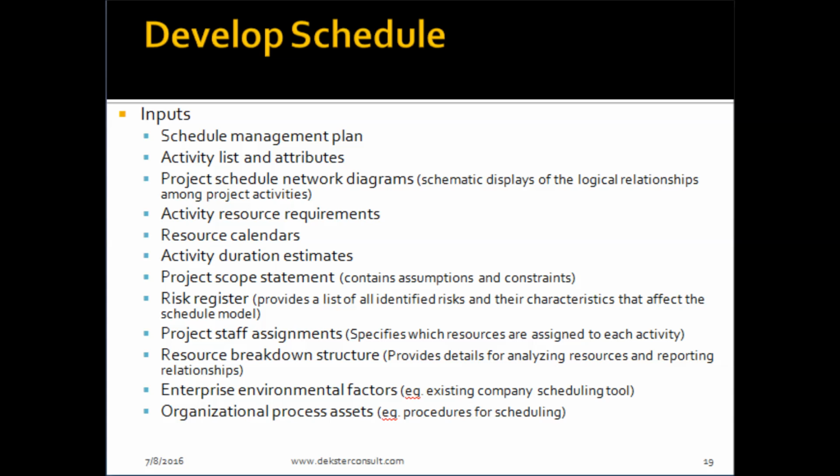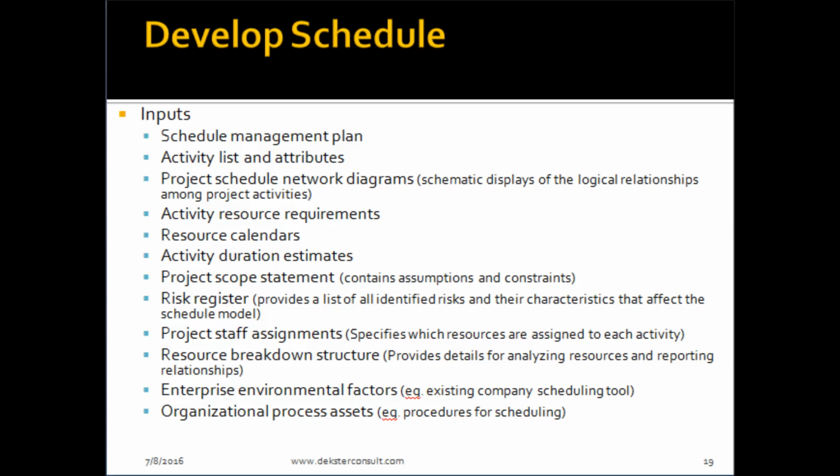The inputs that we could make reference to here, we can't forget our schedule management plan, we can't forget our activity list and its attributes. Now then, the project schedule network diagram from activity sequencing is key.